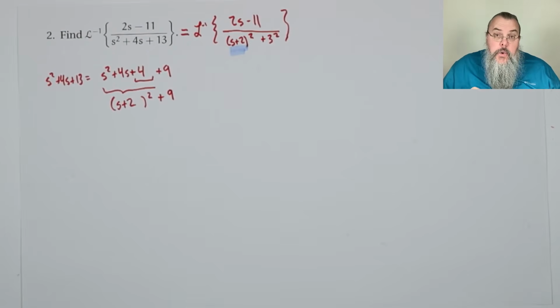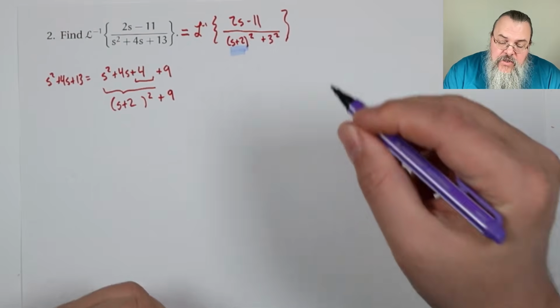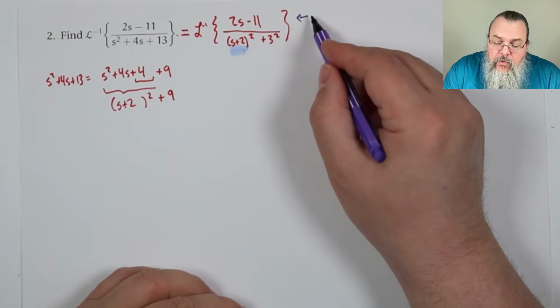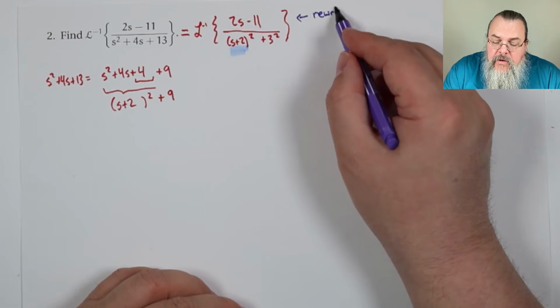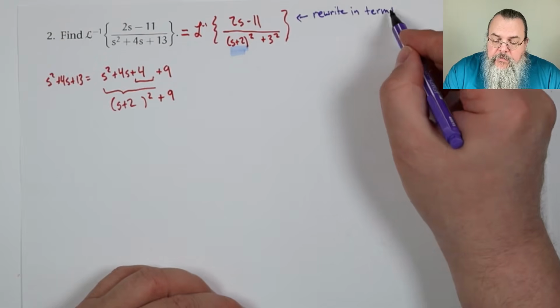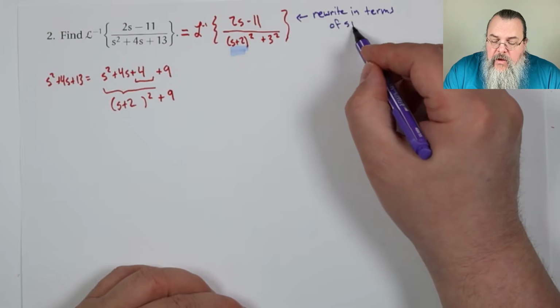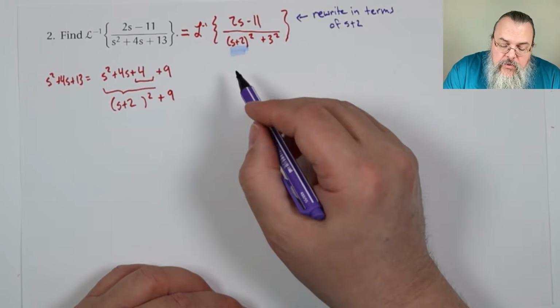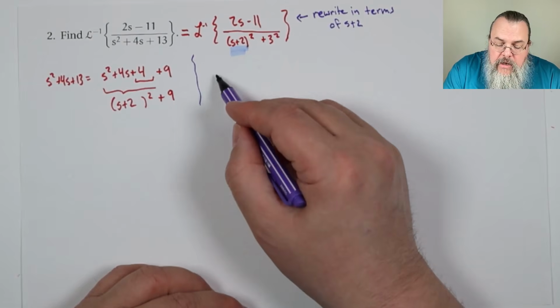So the plan is to rewrite the top in terms of s plus 2. Well, that's not too bad. How can you do that?